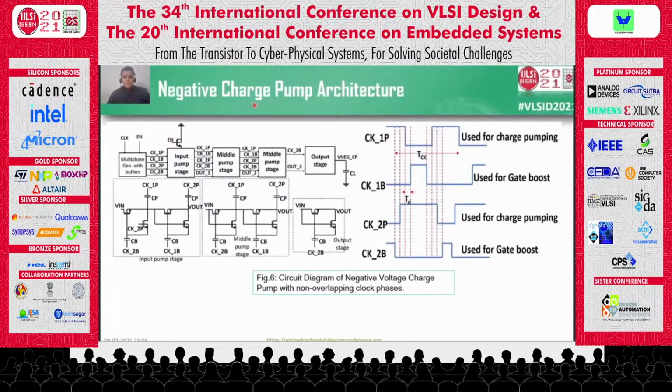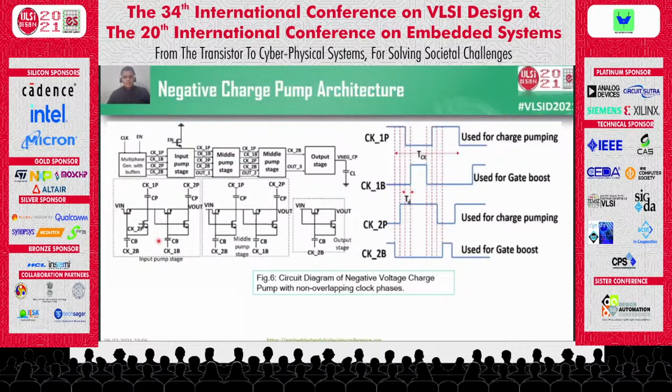In this slide, we will discuss the negative charge pump architecture. We are using a negative charge pump architecture which is made of only NMOS, because we cannot use the PMOS based architecture, as our substrate will be at ground, and any N-based terminal which is lower than ground will create a static current path.